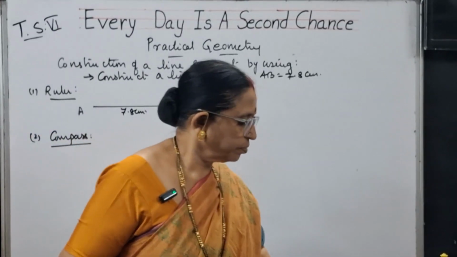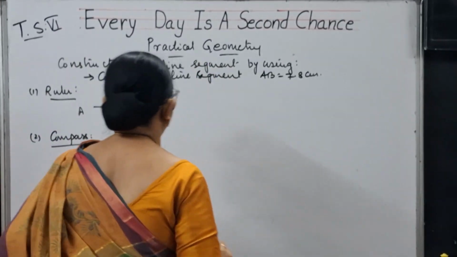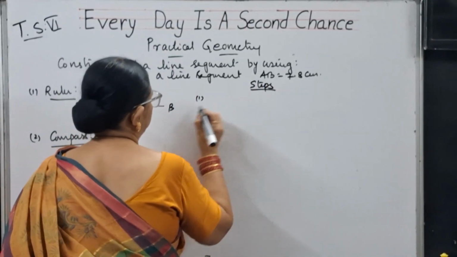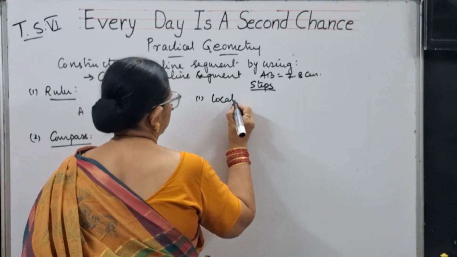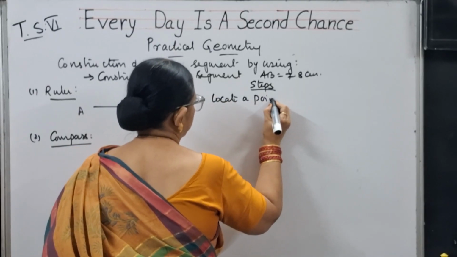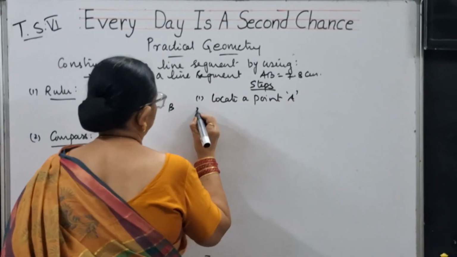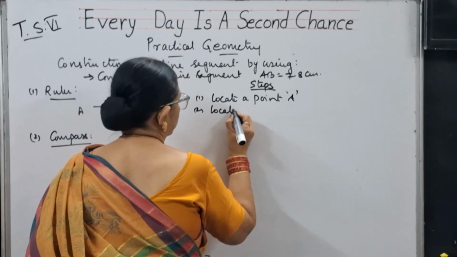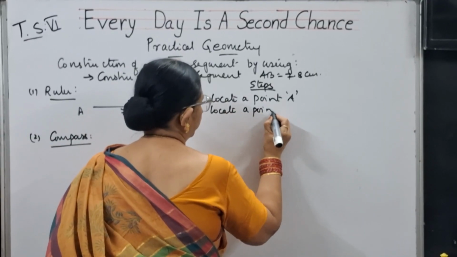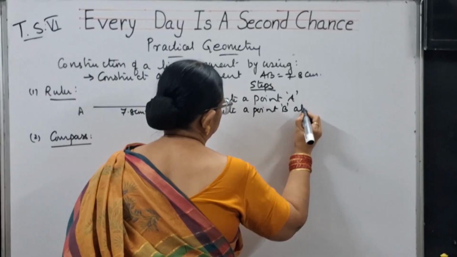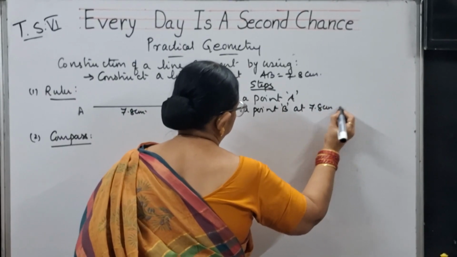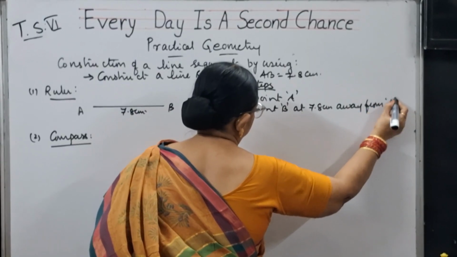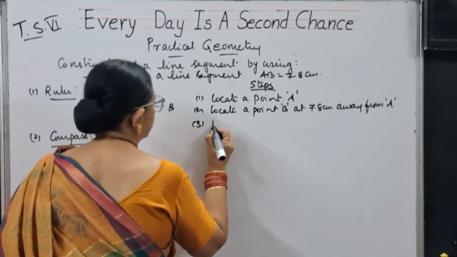So, what are the steps that you have taken for this first one? Steps. First point is locate a point A. Then what is the second point? You have to locate a point B at 7.8 centimeters away from A. Then what is the third point?